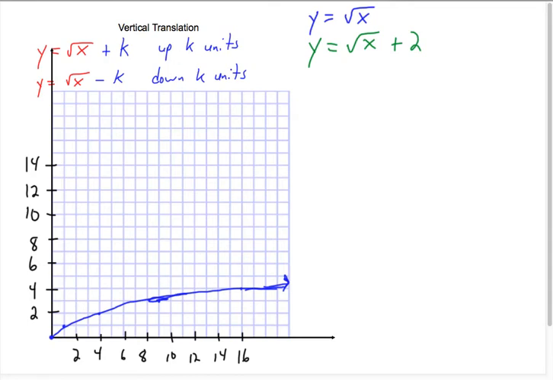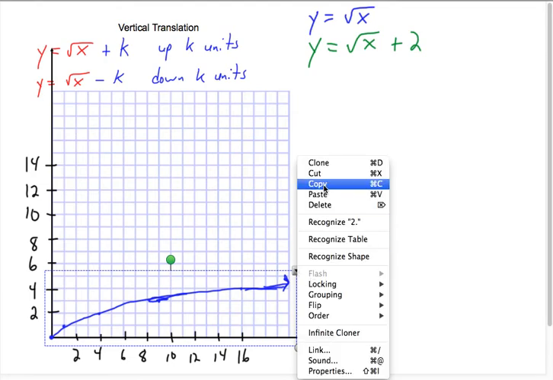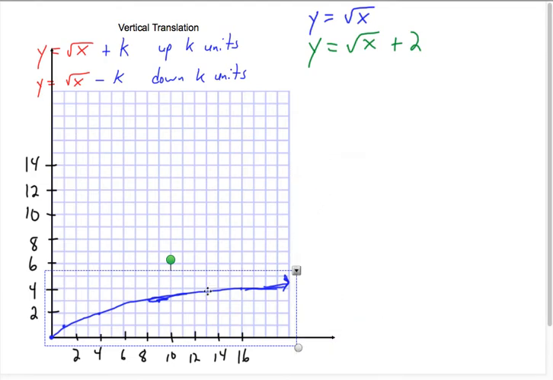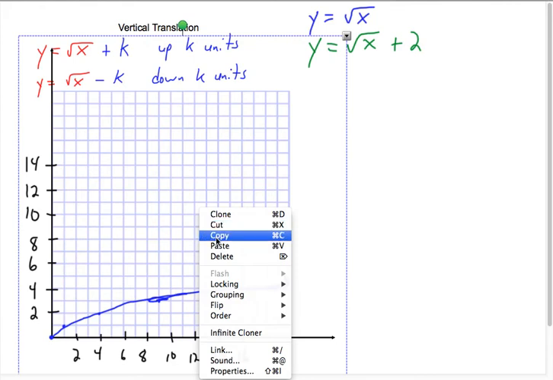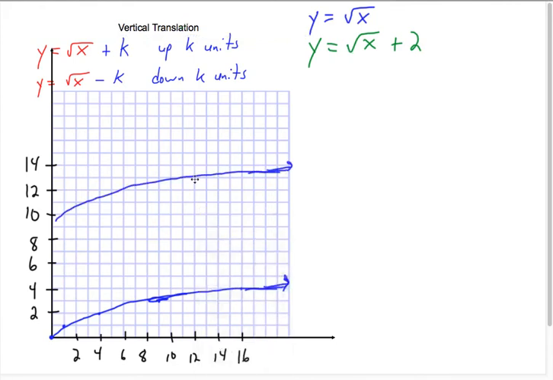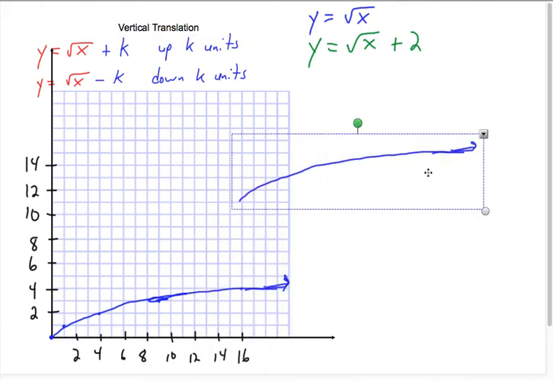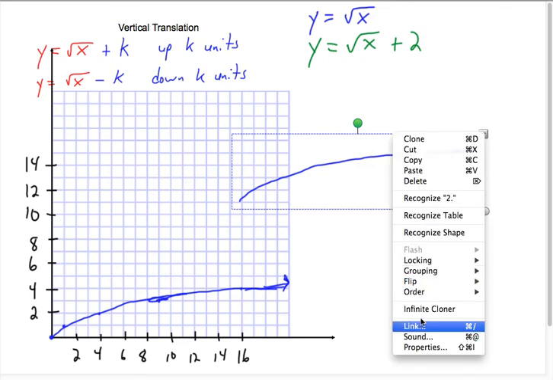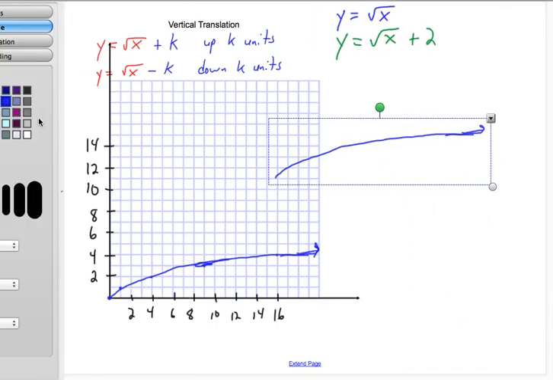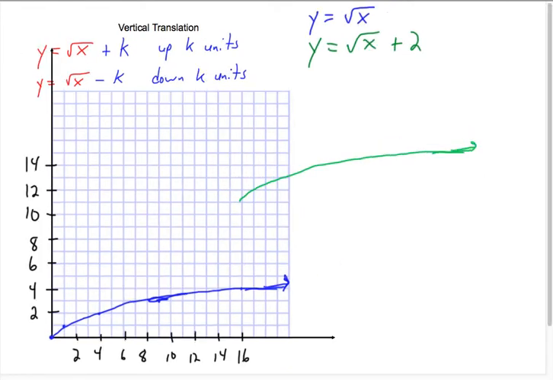So if I were to copy this line, the blue line here, we're going to copy it, and then we're going to paste it, and that's not where it goes, but I just want to show you the same line. And I'm going to change the color to green to show that it's going to be the green one there. There we go. Let's get rid of that.